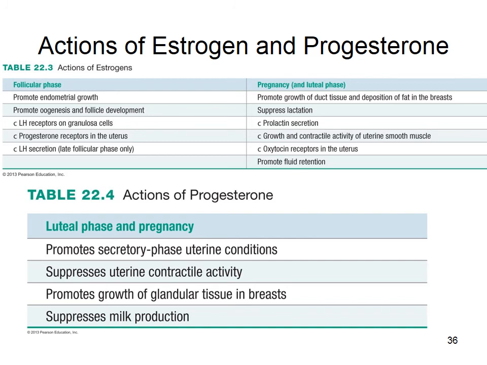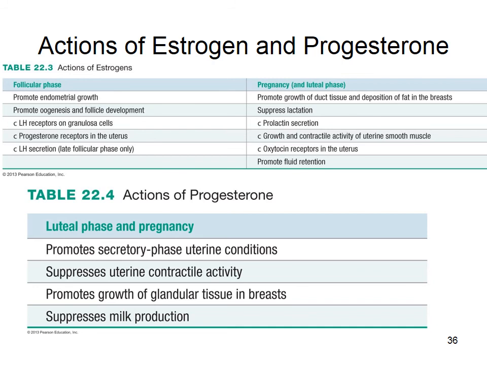So estrogen versus progesterone have different actions. They are different hormones. During the follicular phase, estrogen promotes endometrial growth, so it causes the proliferative phase in the uterine cycle. It promotes oogenesis and follicle development. It increases luteinizing hormone receptors on those granulosa cells to make them more sensitive, which sets the stage for that LH surge.